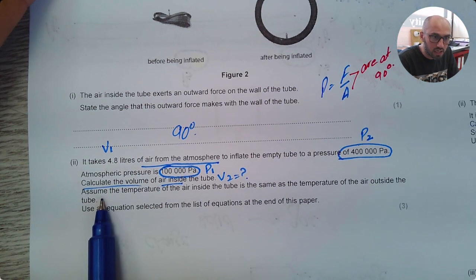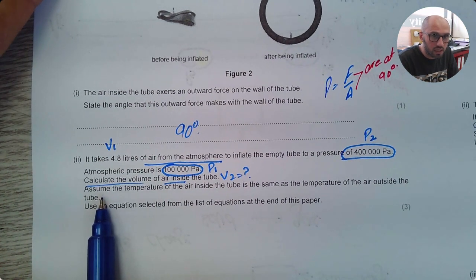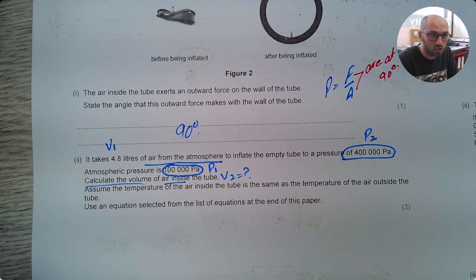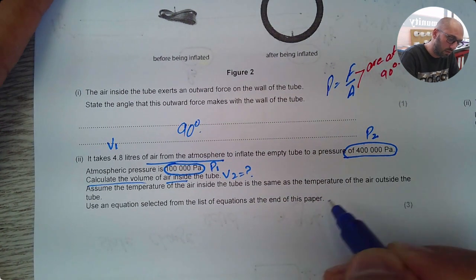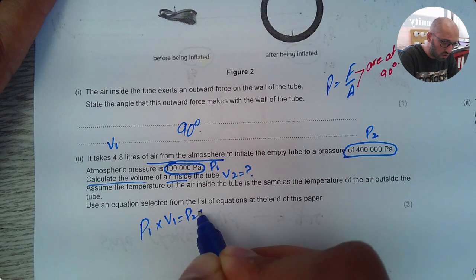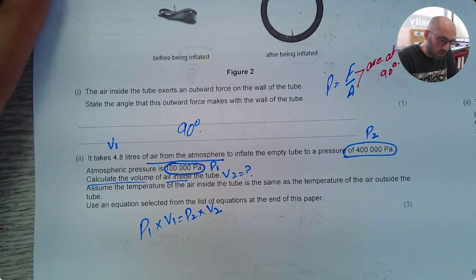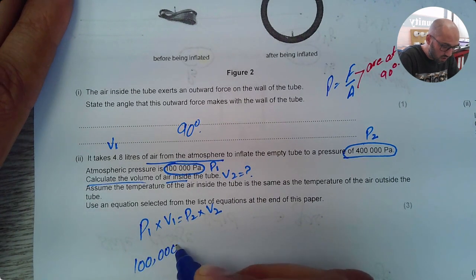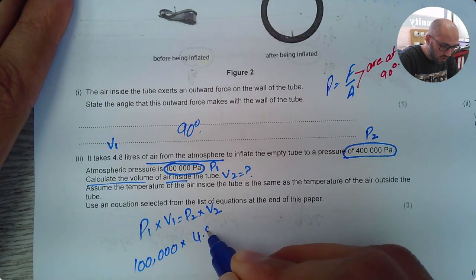The question further says, assume the temperature of the air inside the tube is the same as the temperature of the air outside the tube. Use an equation selected from the list of equations at the end of the paper. So again, same equation, P1 times V1 equals P2 times V2. Now P1 has a value here, which is 100,000. V1 has a value which is 4.8.